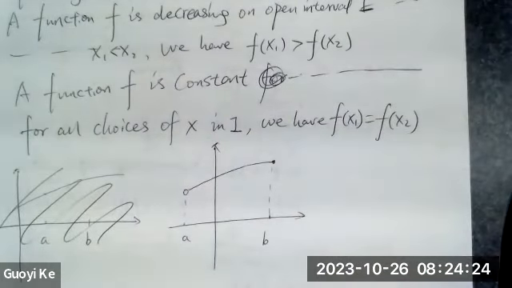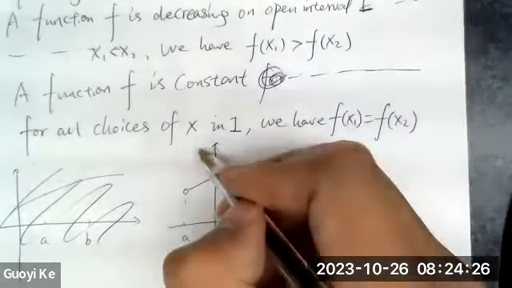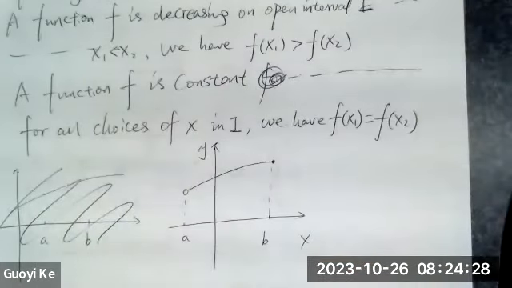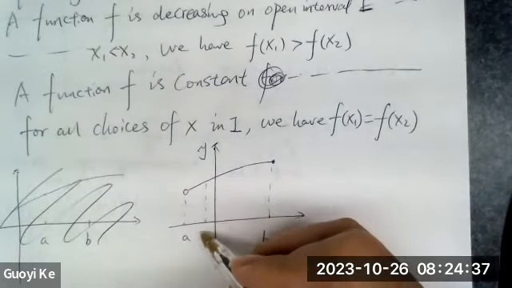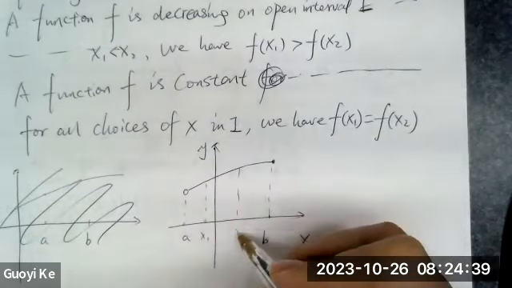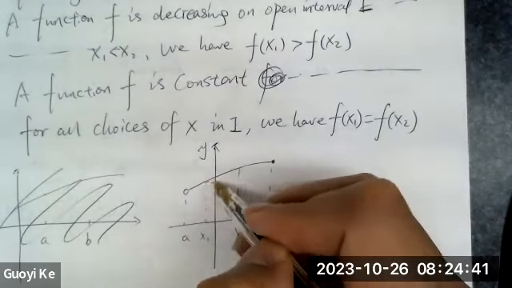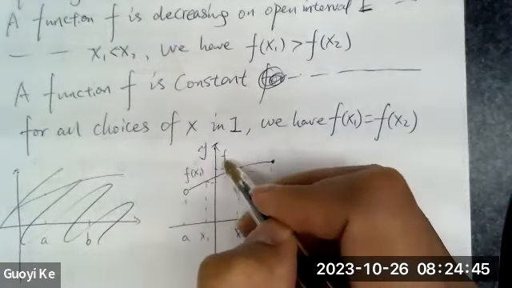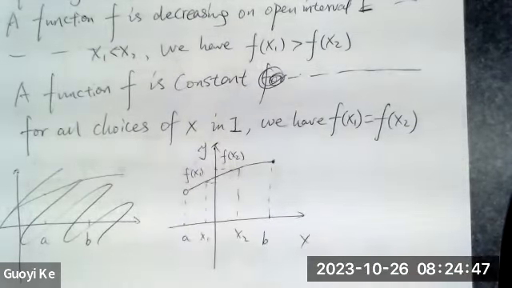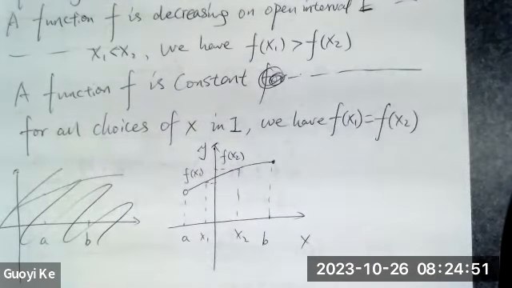I give you a curve from A to B. If we randomly pick x1 and x2, we can find the y values f(x1) and f(x2). Right, it's here.